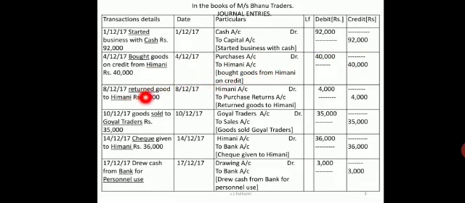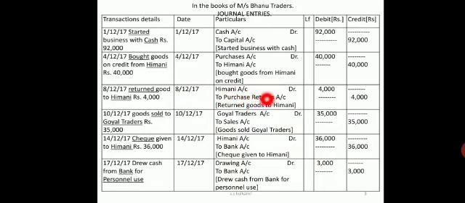Now coming to the next transaction on the 8th: returned goods to Himani. When I say returned, in the previous transaction I had purchased from Himani. Now when I return, that means my liability is reduced to the extent of 4,000. Therefore, I will show Himani on the debit side because it is a decrease in liability, and purchase returns because goods purchased are returned.